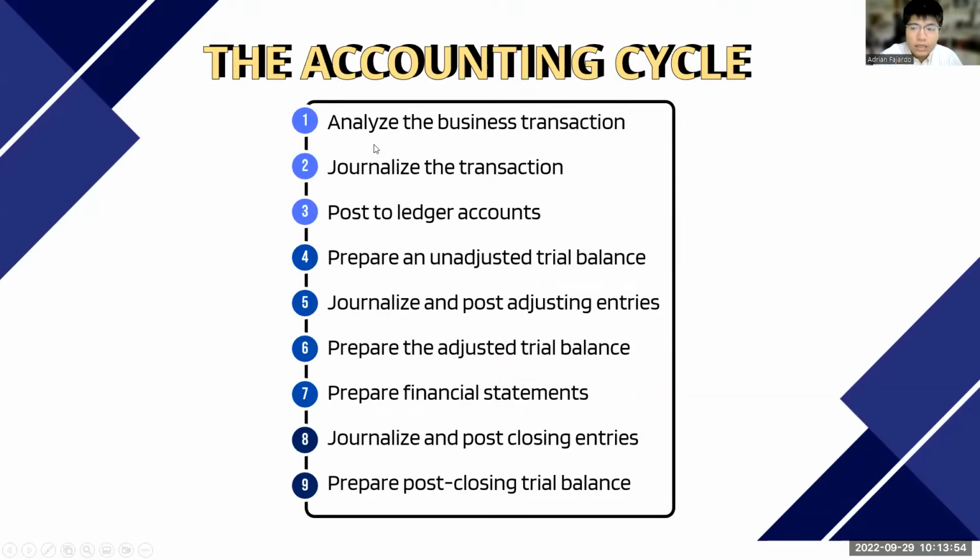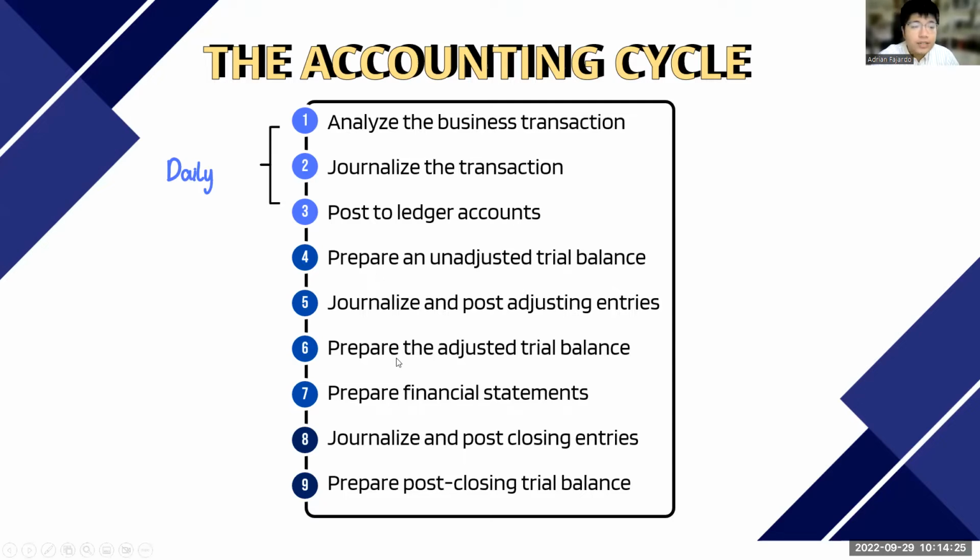So in summary, again, the accounting cycle is broken down into 9 required steps, right? And then as you can see, we also color-coded these 9 steps because we wanted to take note how often or how frequent do we actually do the certain step. So for analyzing the business transaction, creating journal entries, and posting to ledger accounts, this happens usually on a daily basis, right?